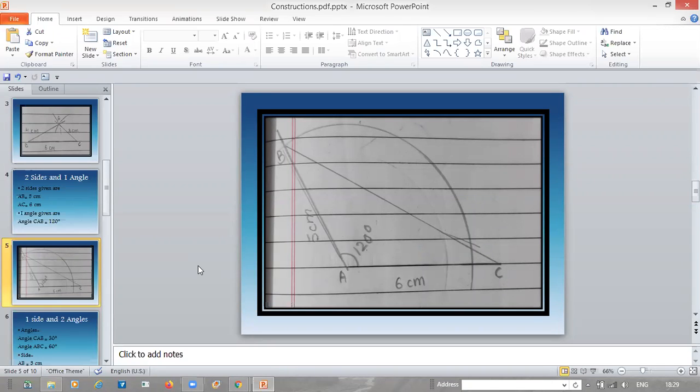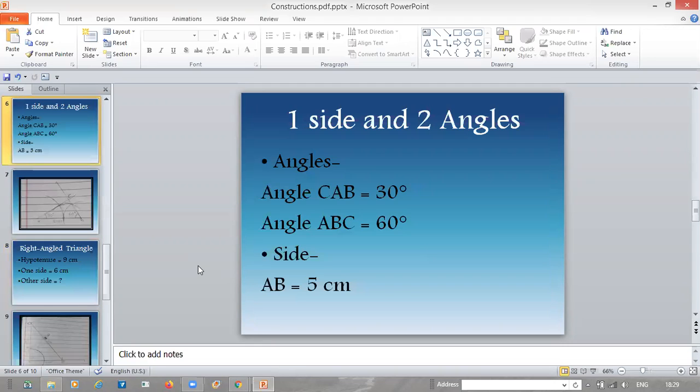Now let's move on to the third situation. The third situation is where you are given one side of the triangle and two angles. Now you can have any angles and any sides of the triangle.